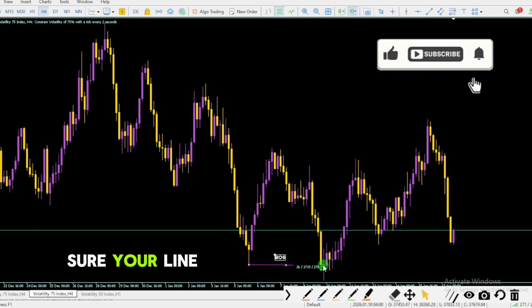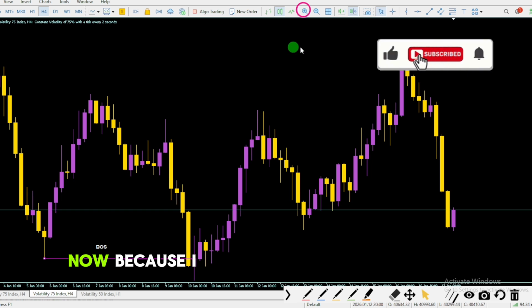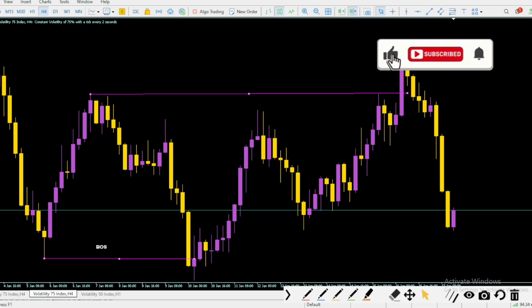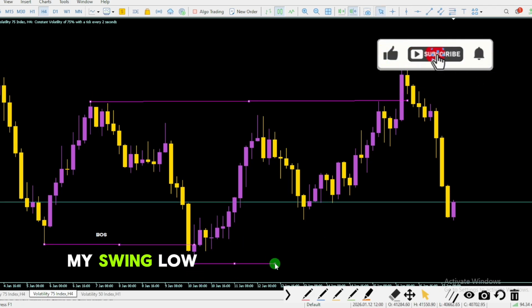Please always make sure your line is straight, okay? Now, because I have found my break of structure, this high that caused this break of structure, which is right here, becomes my swing high, and this low right here is my swing low.